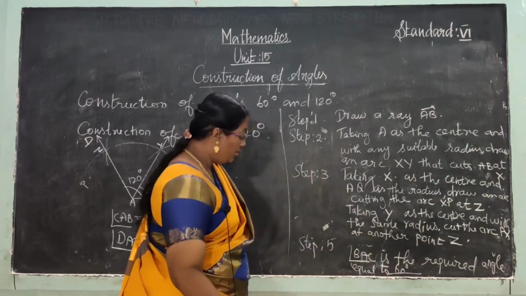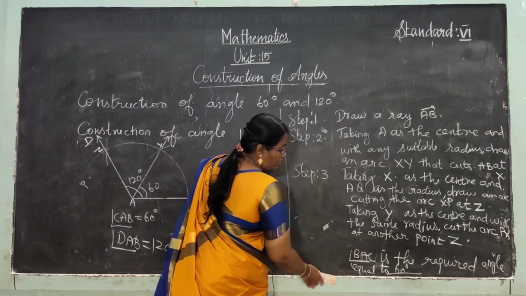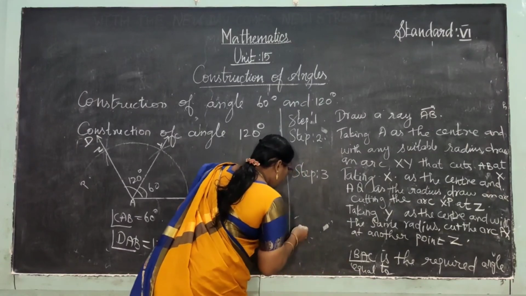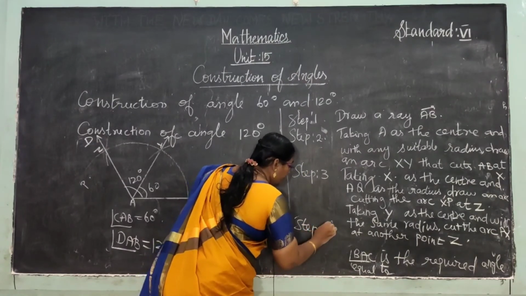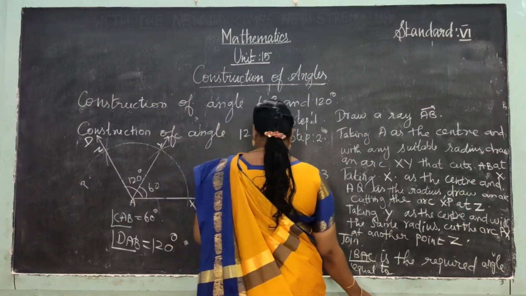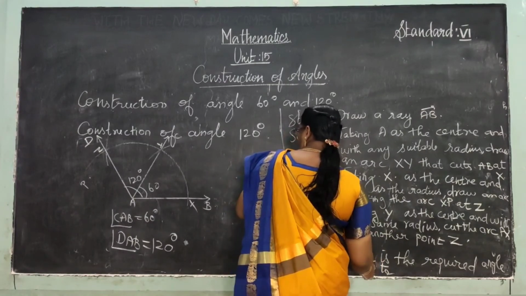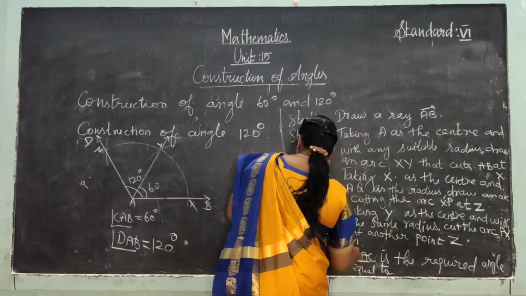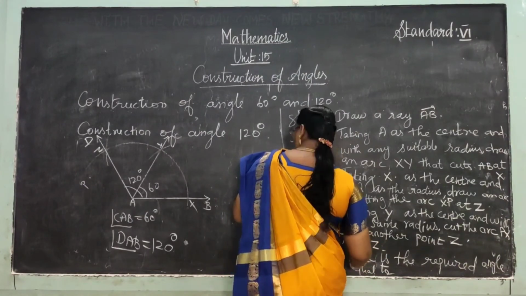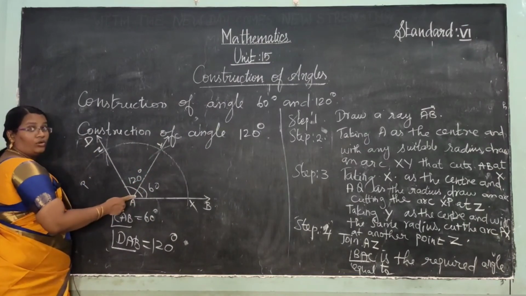Finally, step 4. Join AZ. This line need not be drawn.